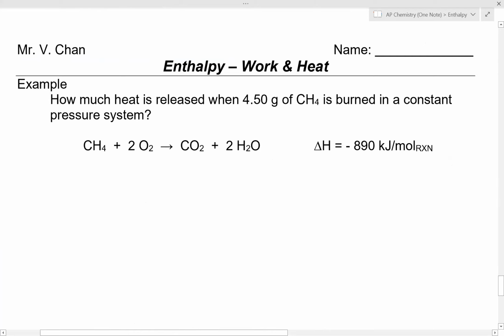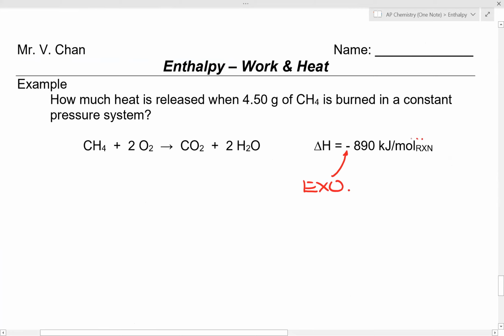It says, how much heat is released when 4.5 grams of CH4 is burned in a constant pressure system. The delta H for the reaction is -890 kilojoules per mole of reaction. You recall from earlier on, the negative value means that it is exothermic.